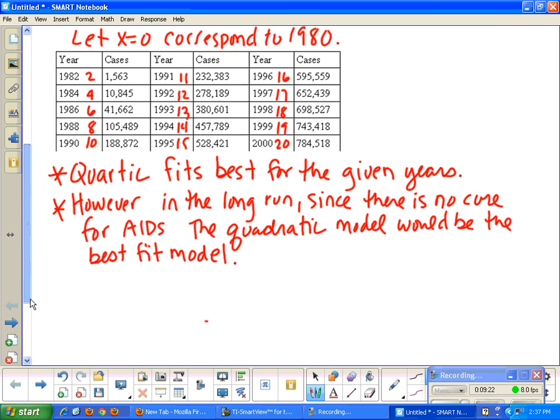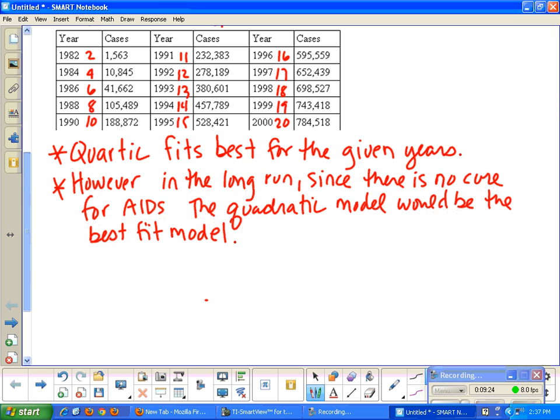So I'm going to go ahead and write down the model for quartic. Y equals negative.